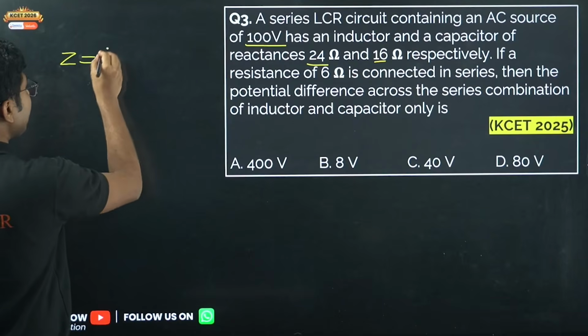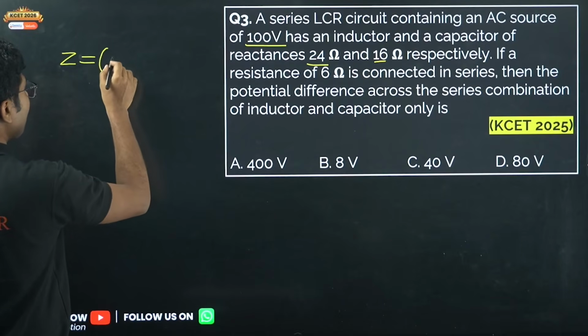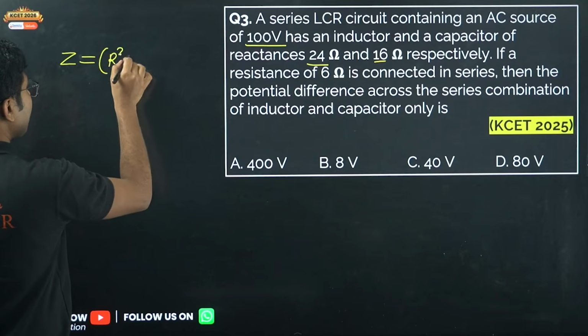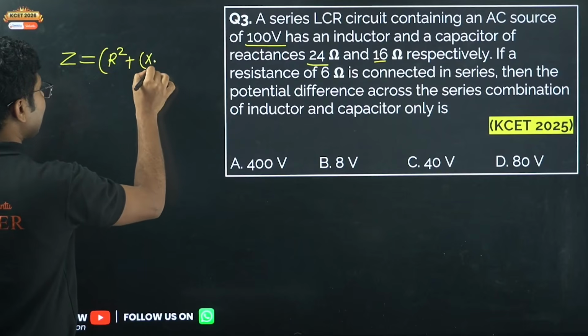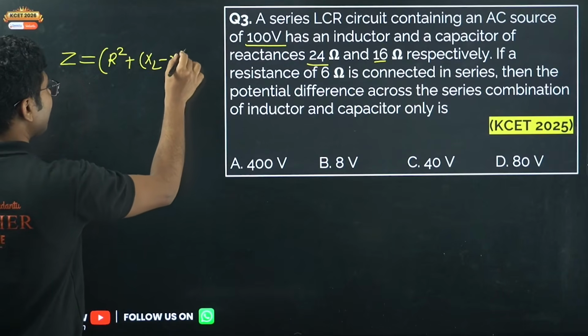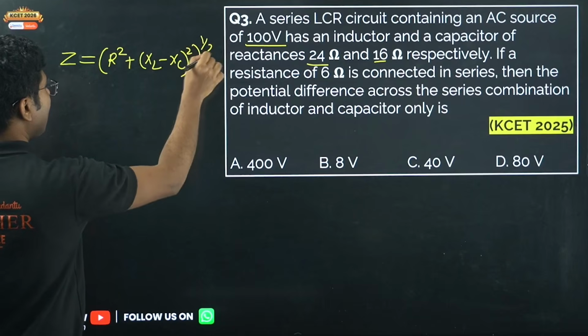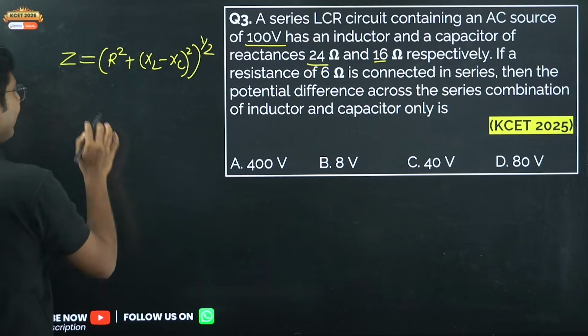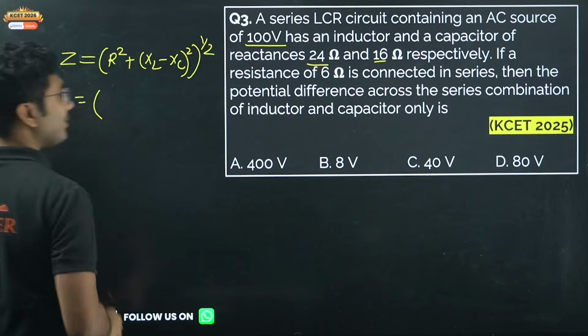How to calculate impedance? Obviously we will use the formula R square plus XL minus XC whole square, to the power half, that is the square root of this thing. Basically just a fancy way of writing.